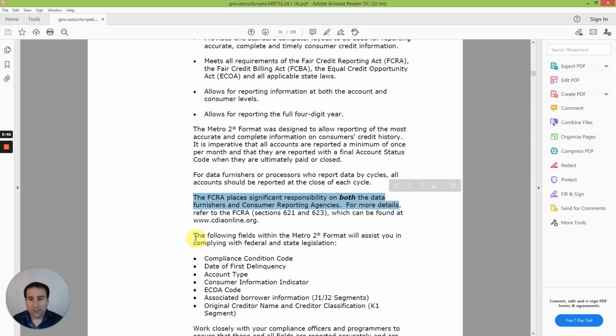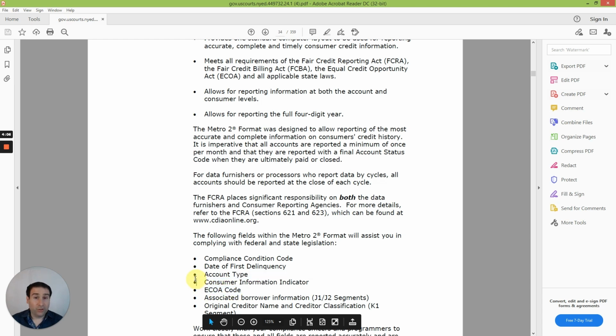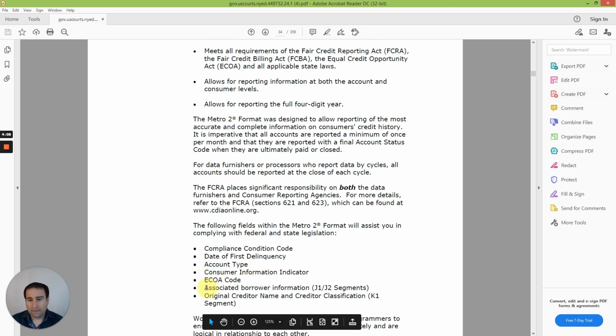And then it goes on to state even more specifically that there are certain data fields in here that will assist you, which is the furnisher, in complying with federal and state legislation. Compliance condition code, the date of first delinquency, this is one that we do talk about quite frequently, the account type, the consumer information indicator, the ECOA code, is it a joint account, is it an individual account, is it a cosigner account, associated borrower information.